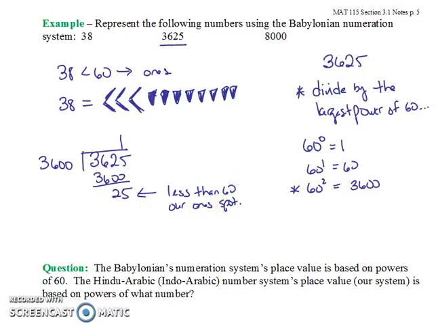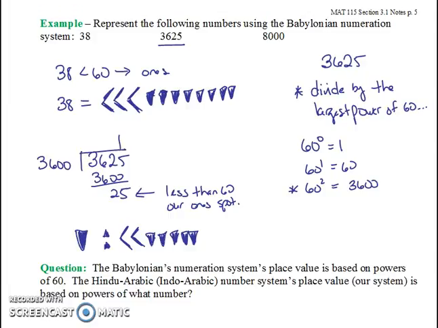So when I go to represent the number, I have 3,600. And then I'm going to have a placeholder for my 60s because there's nothing in my 60 spot. And then I'm going to represent the number 25. And I do that with 2 boomerangs and the 5 triangles. And that's the number represented in the Babylonian number system.